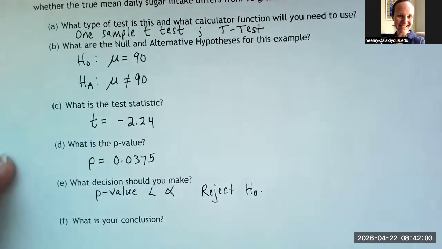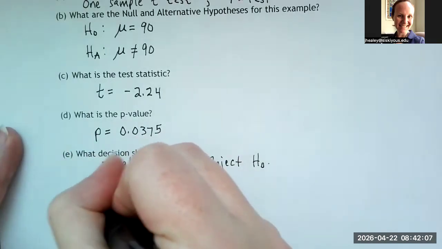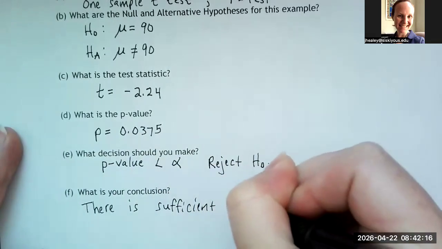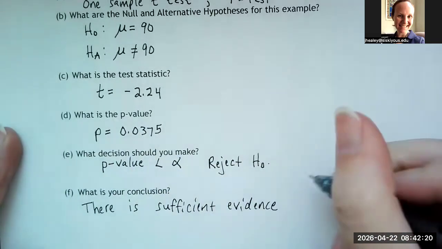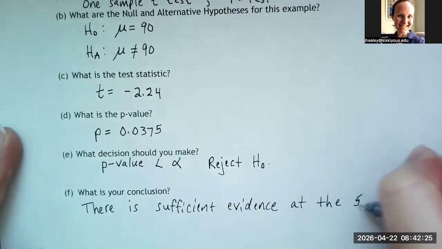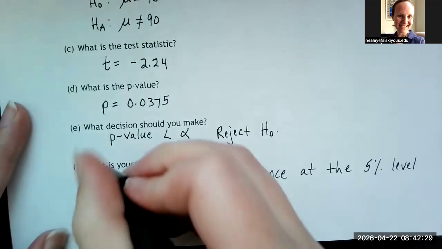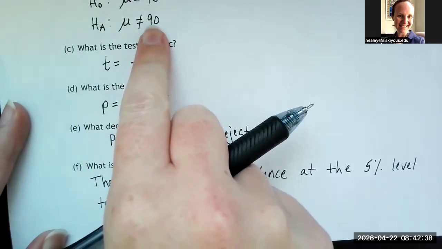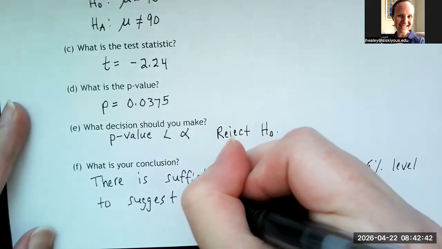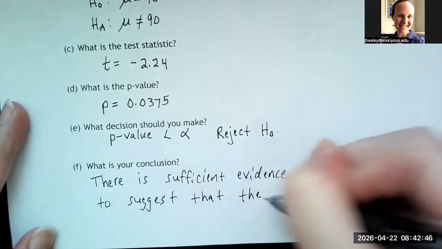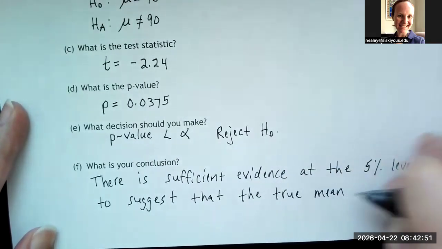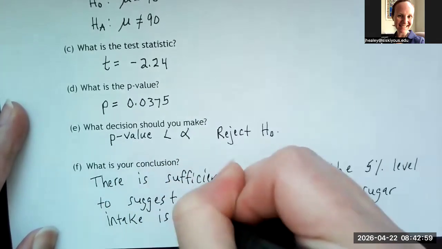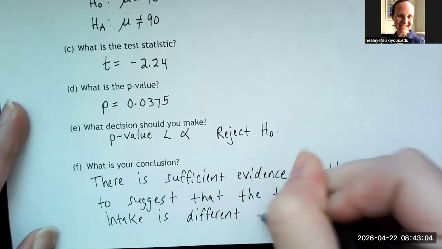And so if we reject our null hypothesis, there is sufficient evidence to conclude, and this one was at the 5% level, and then we go look at our alternative hypothesis that the true mean sugar intake is different from 90 grams.